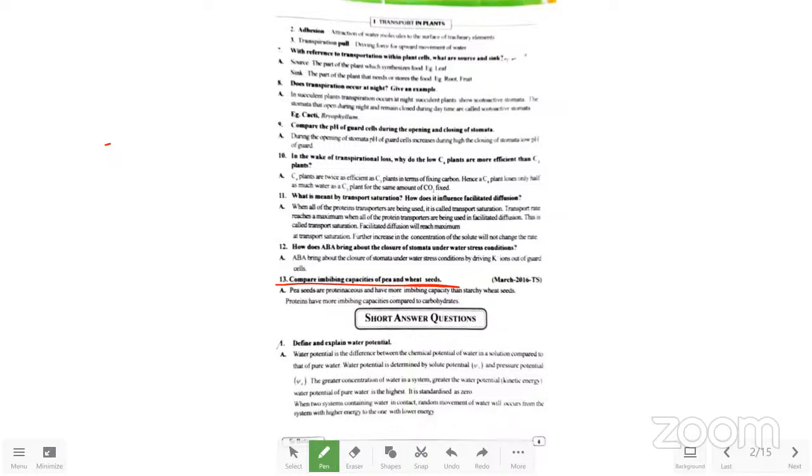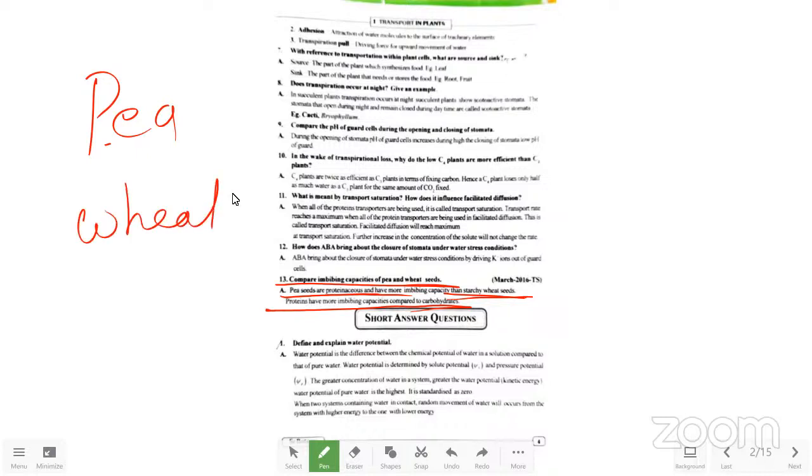The pea seeds are much more proteinaceous and have more imbibing capacity than the wheat seeds, which have more starch in them, because proteins have more imbibing capacity than carbohydrates. In pea seeds, proteins are more; in wheat seeds, carbohydrates are more.